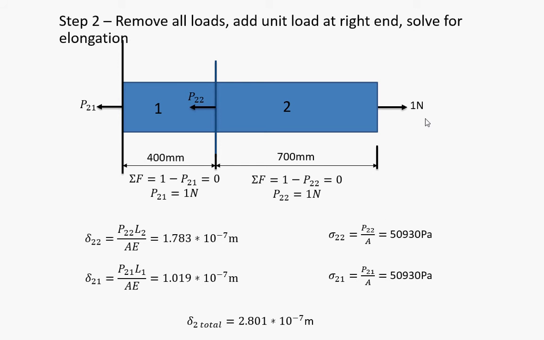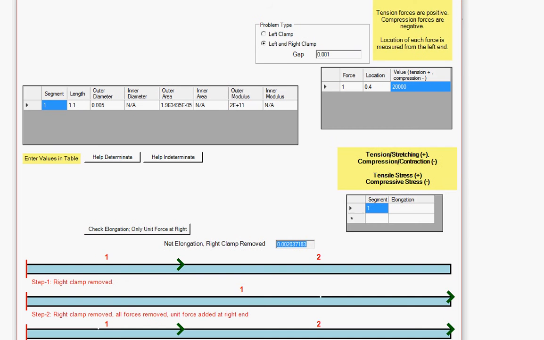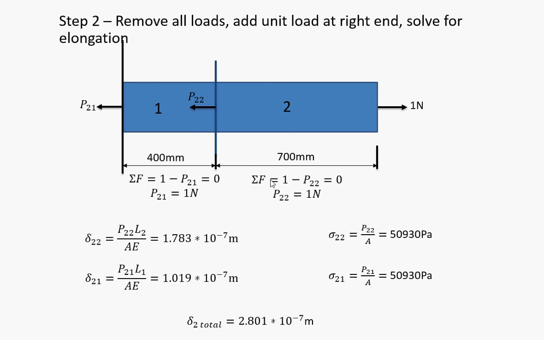Now we have a 1 Newton force in tension applied to the very end. Notice it just wants you to enter the net elongation for the entire segment all at once. Even though I have this all calculated out, you don't really need the stresses. You could just treat it as one section and be done with it.